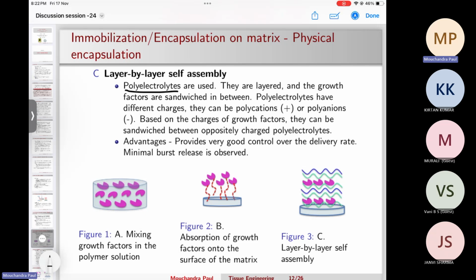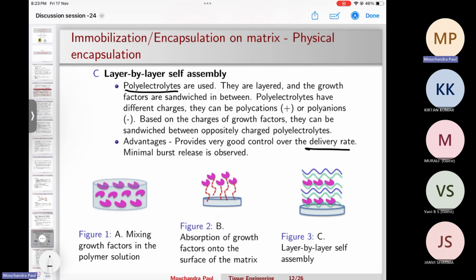The advantage of this type of physical encapsulation is that you can have better control over the delivery rate. How will you control it? You can play with how many layers you want in your structure. If the number of layers is high, for example two layers of positively charged bound with two layers of negatively charged, your growth factor molecules will be much more tightly trapped.